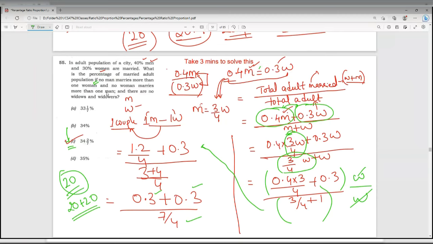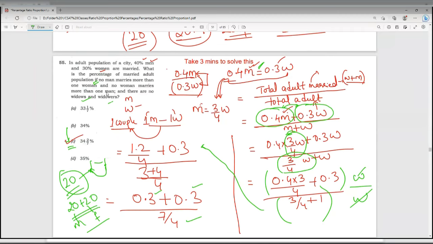That's why I've equated this here. Why are these both same? Because there are 20 couples, meaning 20 males will be there, 20 females will be there. It cannot be more, it cannot be different, because they are saying there is a 1-to-1 connection. One man can marry only one woman and one woman can marry only one man, and there are no widows and no widowers.